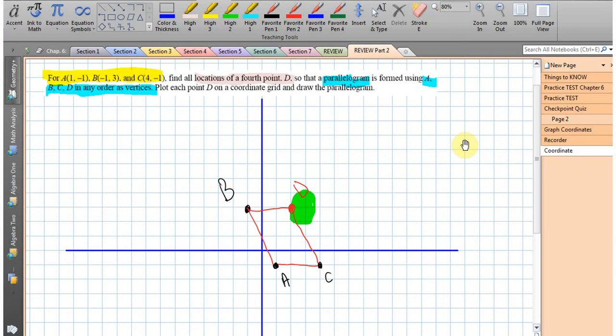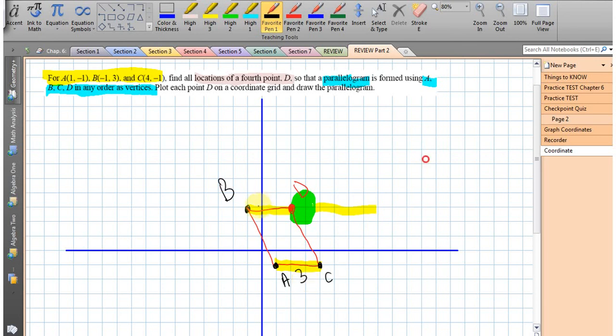And I like to think about slope, for example. Notice the relationship between A and C. It's a horizontal line. So that must mean if it's a parallelogram, D is going to be somewhere along a horizontal line with B. So I know D is somewhere at the same height as point B. And I notice this is a length of 3 units, 1, 2, and 3.